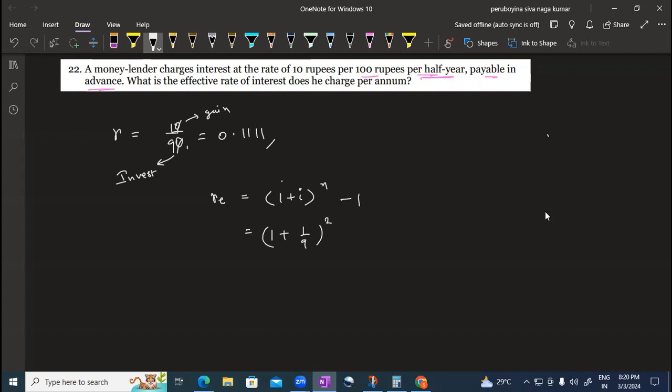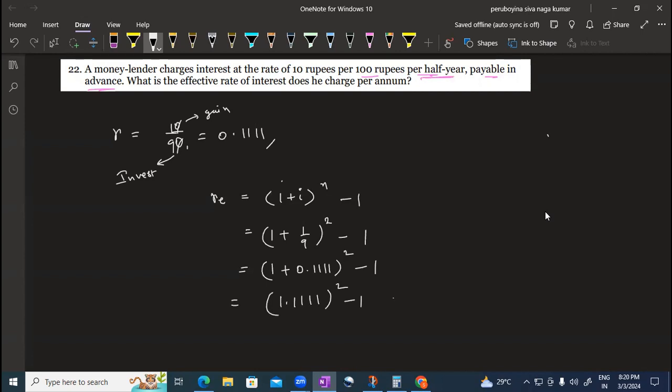Half-yearly payment means yearly he is getting 2 payments, so whole square minus 1. So (1 plus 0.1111) whole square minus 1. So 1.1111 whole square minus 1.